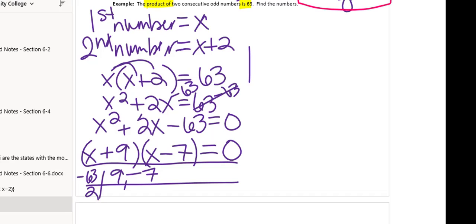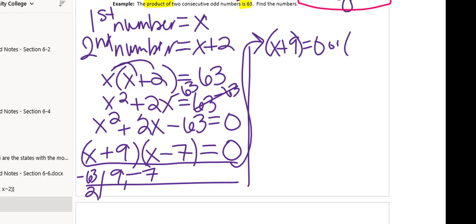So what I would do next is I set each of the factors, x plus 9 equals 0, or x minus 7 equals 0. And then I solve them. Well, if x plus 9 equals 0, then x has to be negative 9.